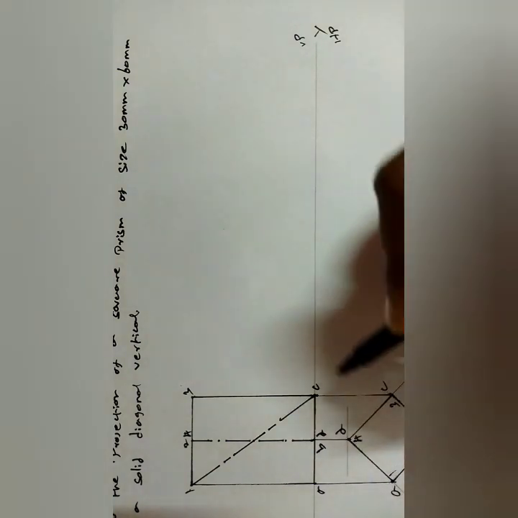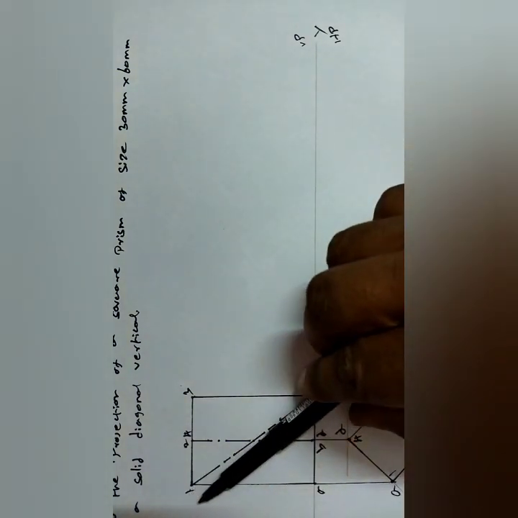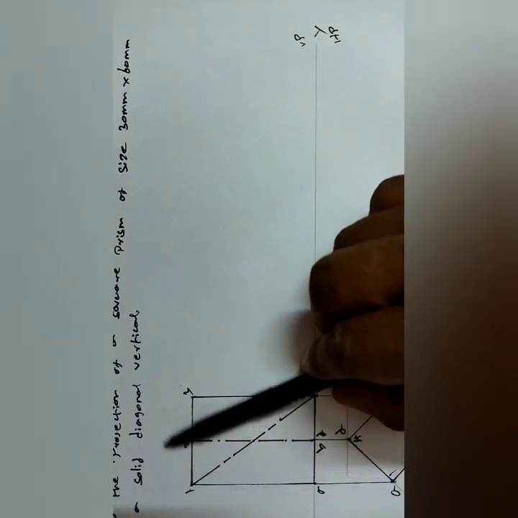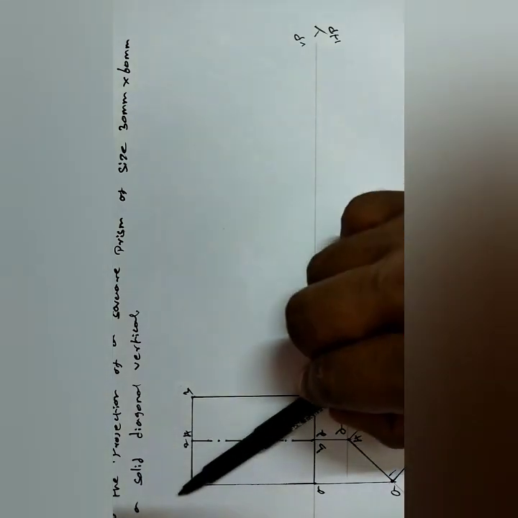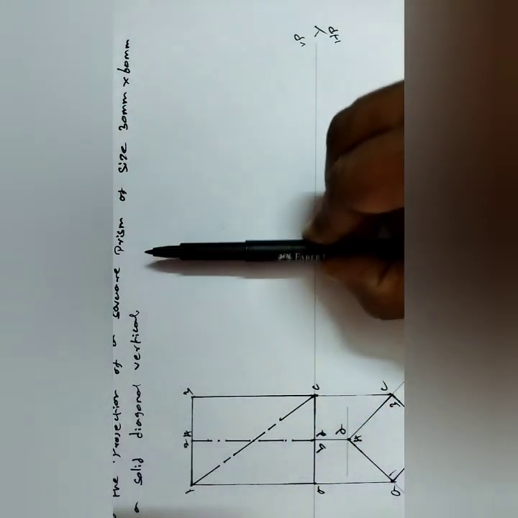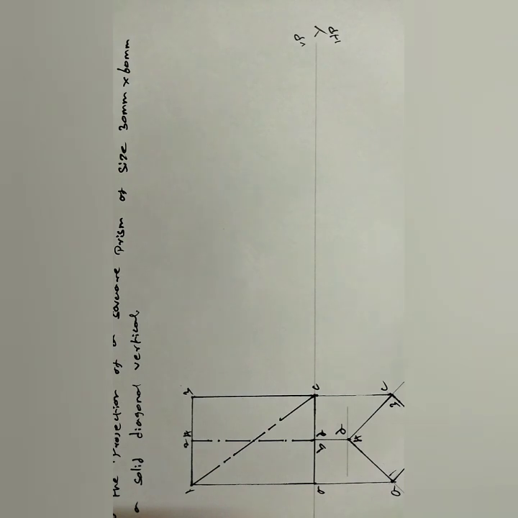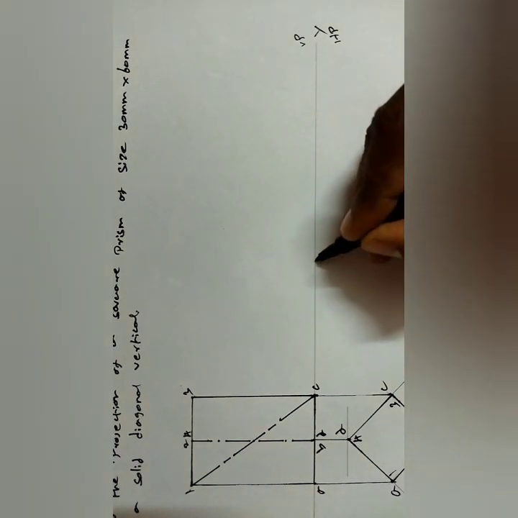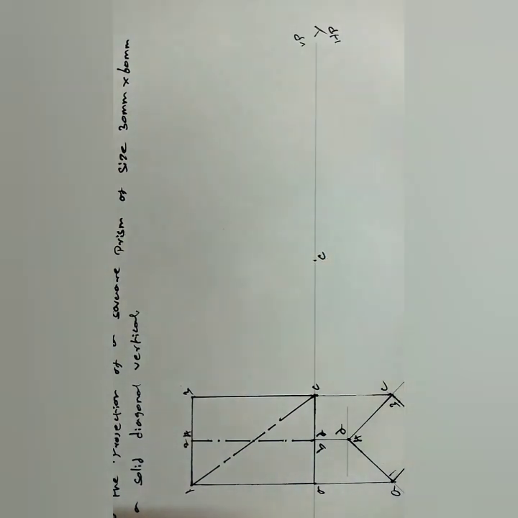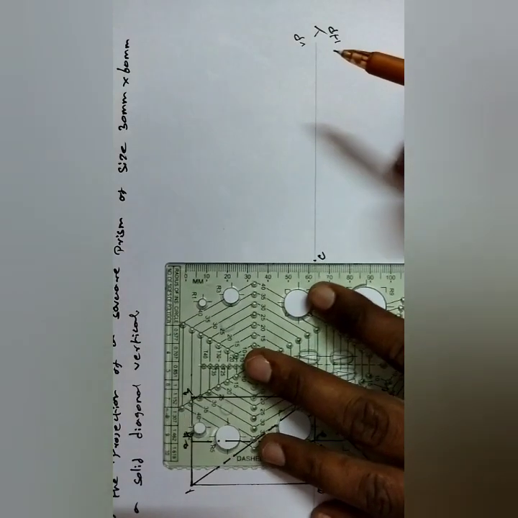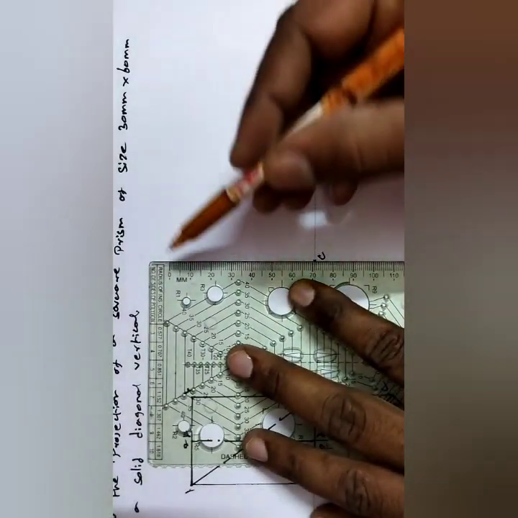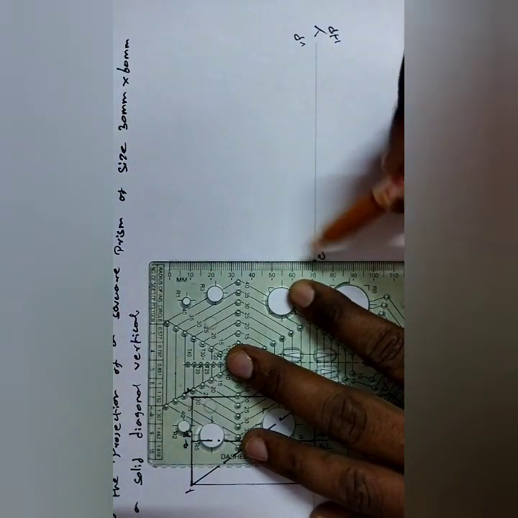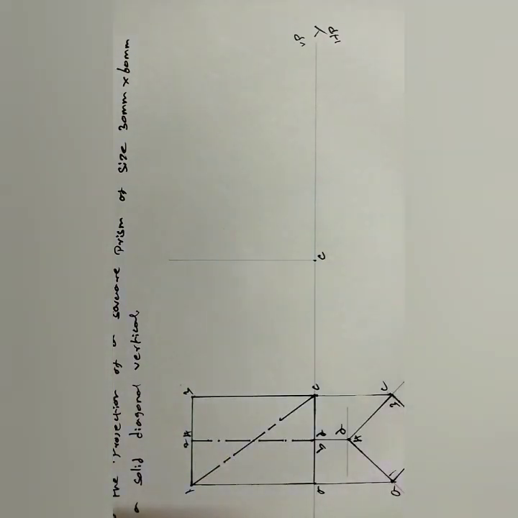Next, in the third stage, this solid diagonal line is made vertical. First fix the point C. Draw one line of approximate length; this line is the solid diagonal.